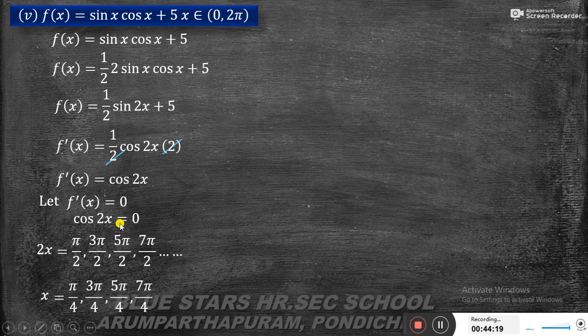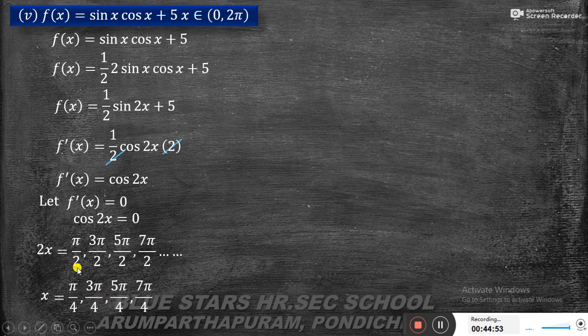Cos of n pi by 2 is 0. So 2x equal to pi by 2, 3 pi by 2, 5 pi by 2, 7 pi by 2. This 2 I write on the right-hand side, in the denominator.